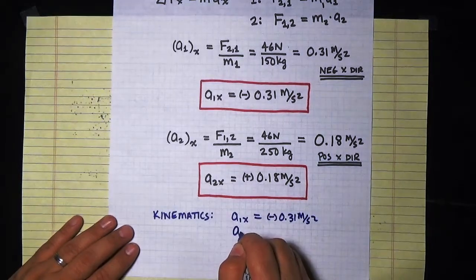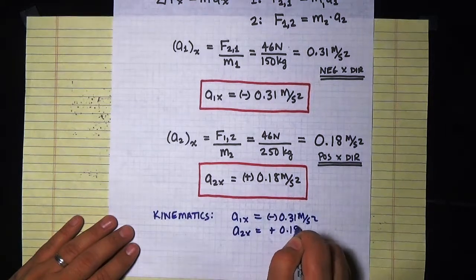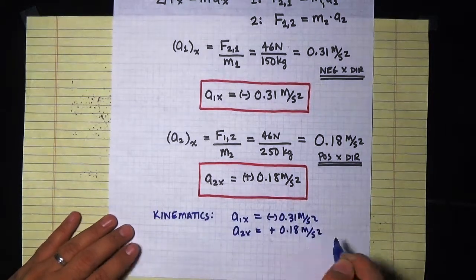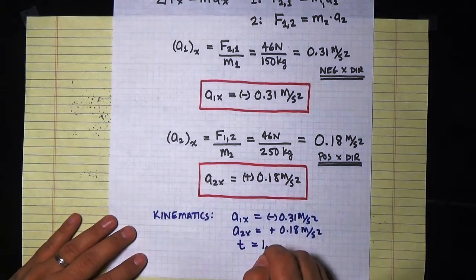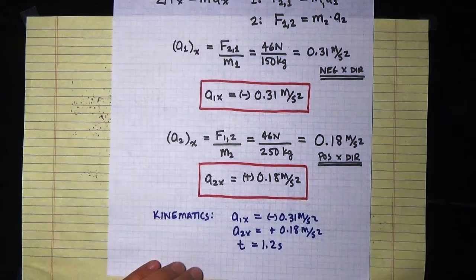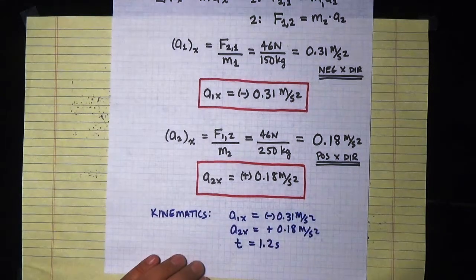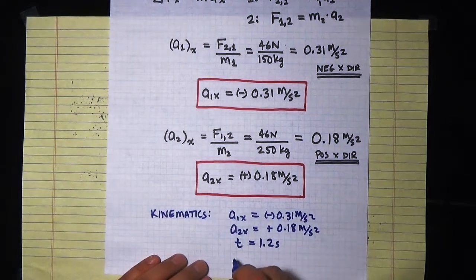The acceleration experienced by canoe 2 is plus 0.18 meters per second squared. We're told that the acceleration happens for 1.2 seconds. And then the assumption that you need to make, the thing that you need to impose on the problem, is that when the push started, the two canoes were at rest.